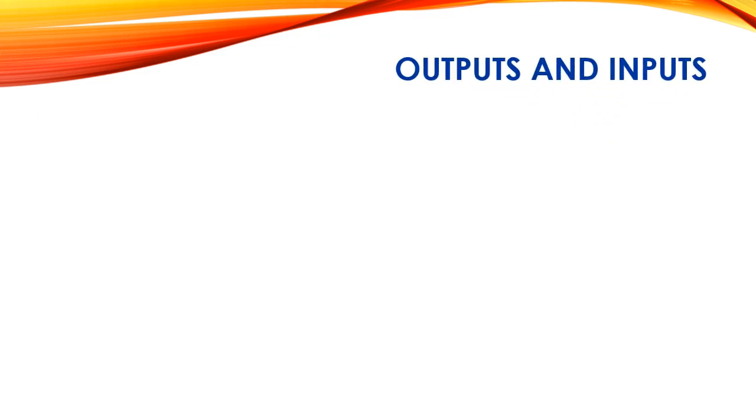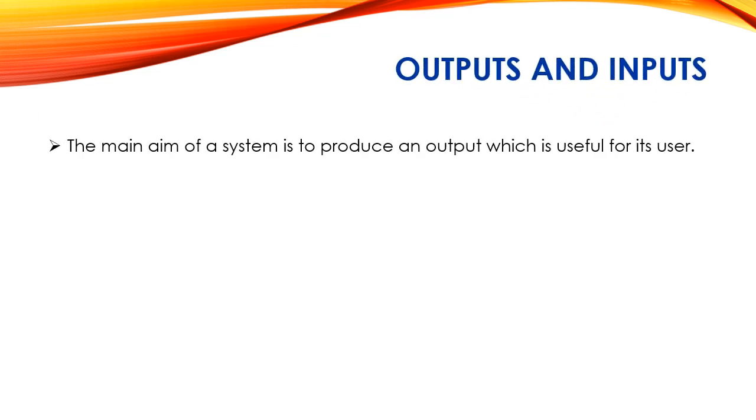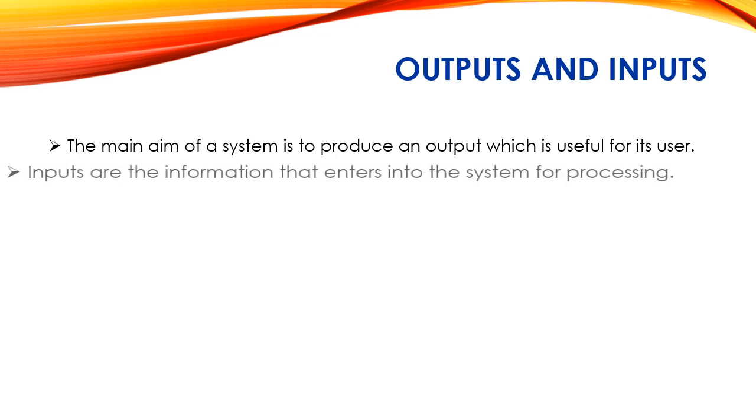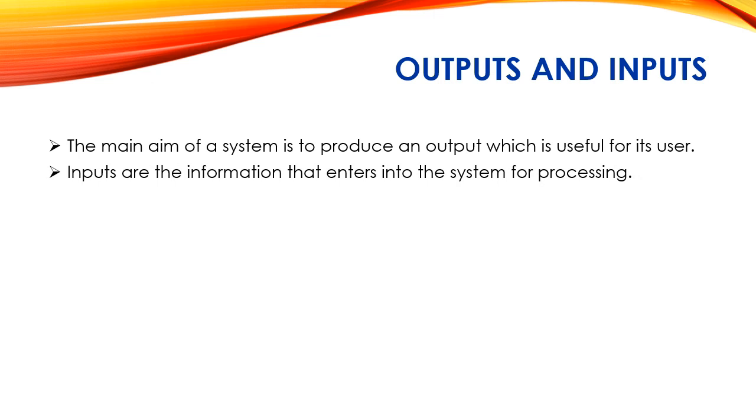Let's start by looking at outputs and input. The main aim of a system is to produce an output which is useful for its user. Inputs are the information that enters into the system for processing. So what gets into the system to be processed is what we are calling inputs.